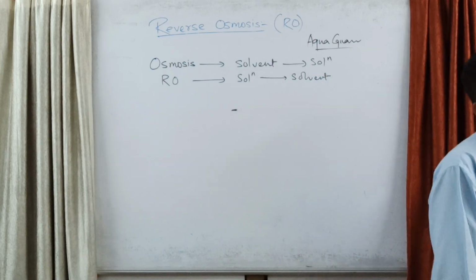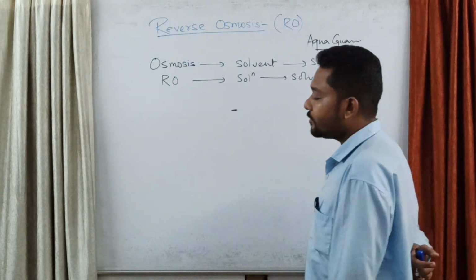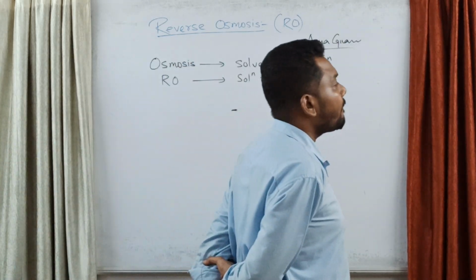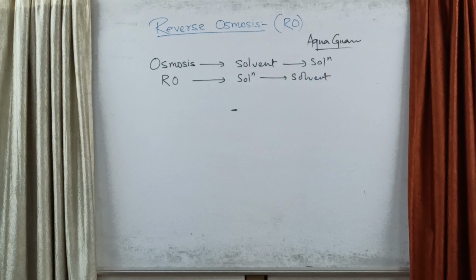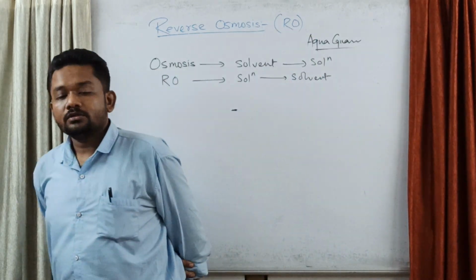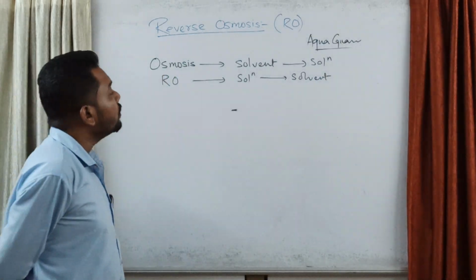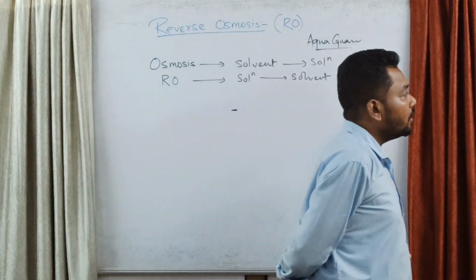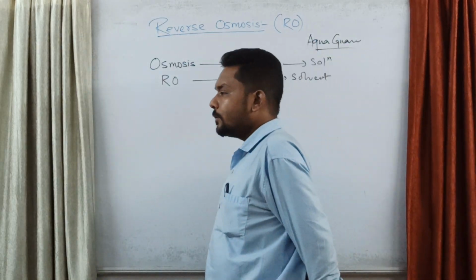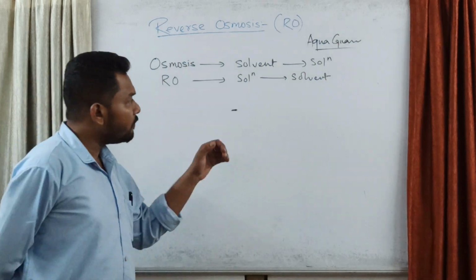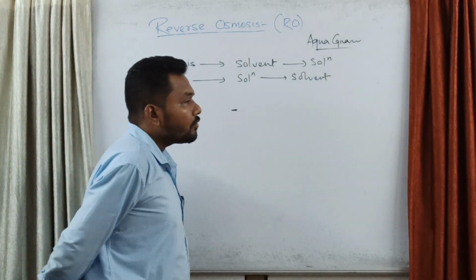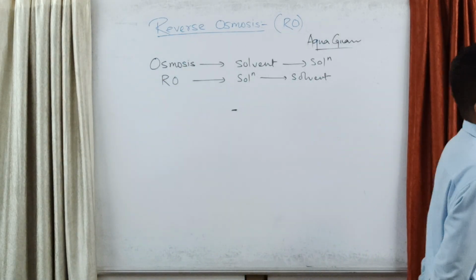So write down the process under reverse osmosis. Write down the process in which solvent molecule flows out from the solution is called reverse osmosis.